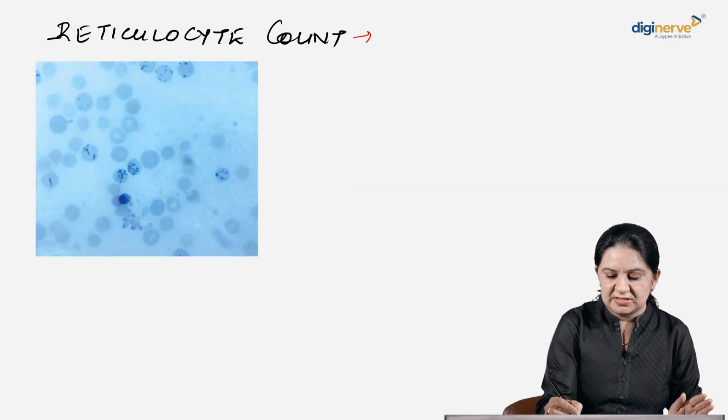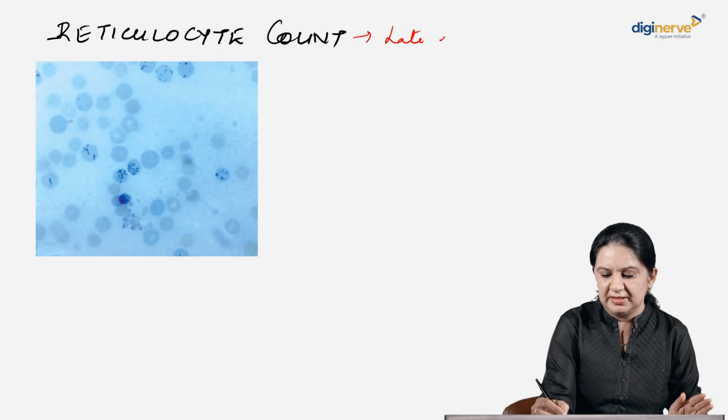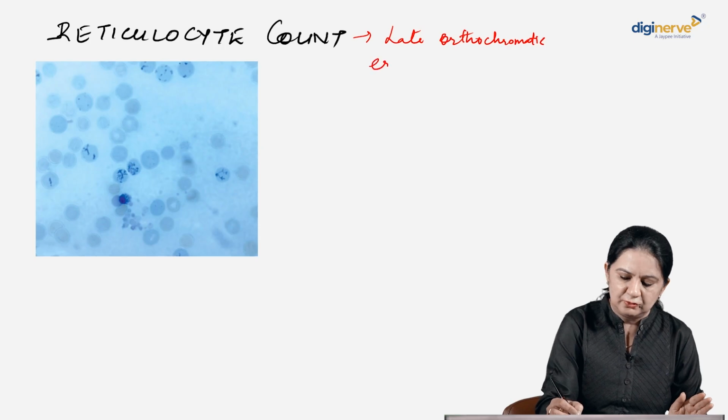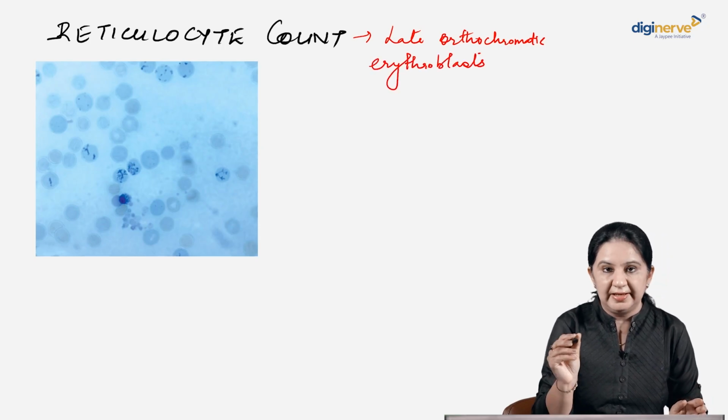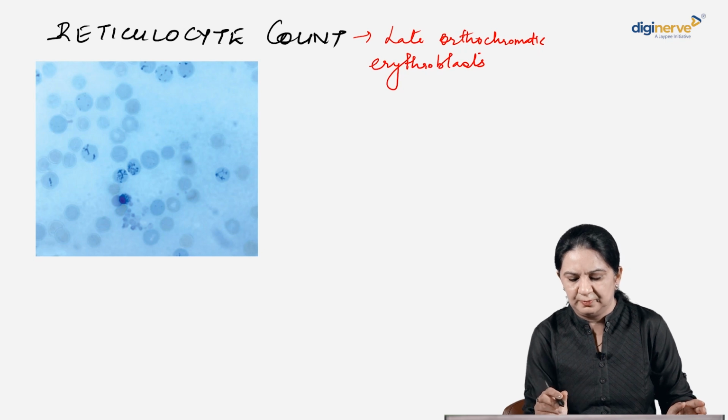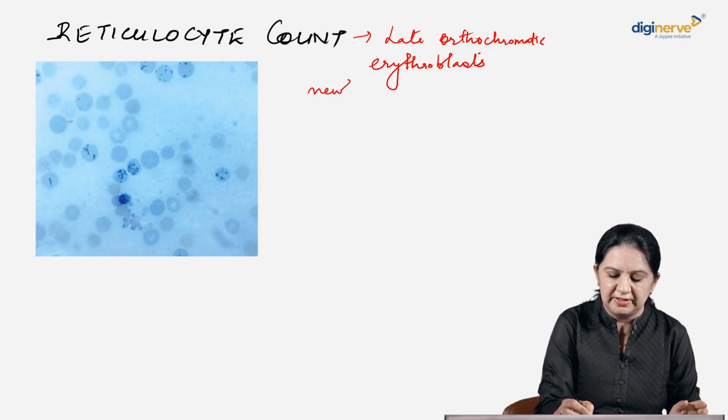What are reticulocytes? Reticulocytes are basically late orthochromatic erythroblasts. Basically, these are newly released RBCs.